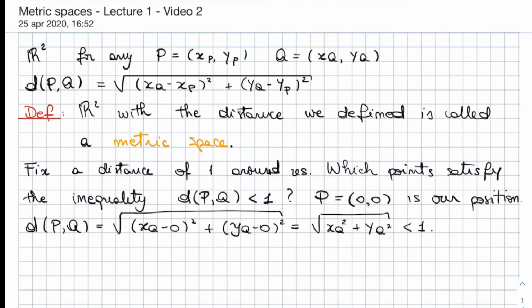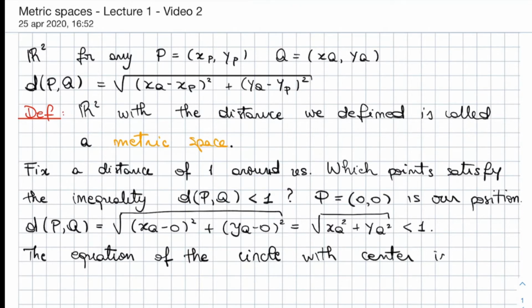Now recall that if you have the center of a circle and you want the circle with a given radius, then the equation of the circle with center in (0,0), which is our initial position, and radius 1, is given by x squared plus y squared equal 1.